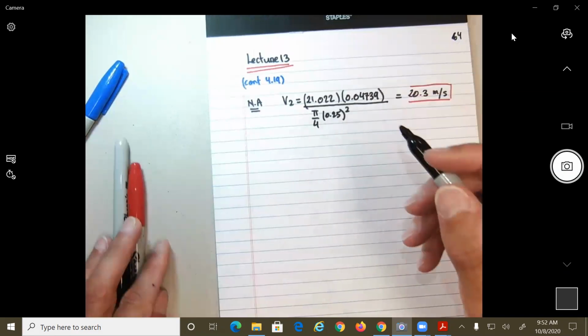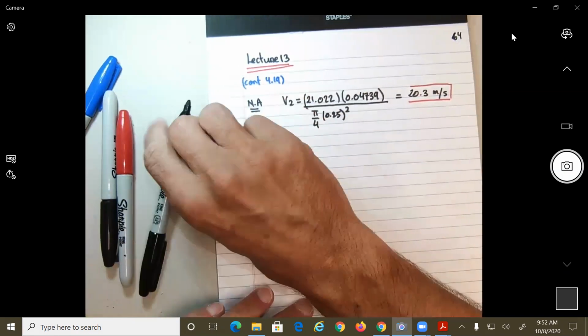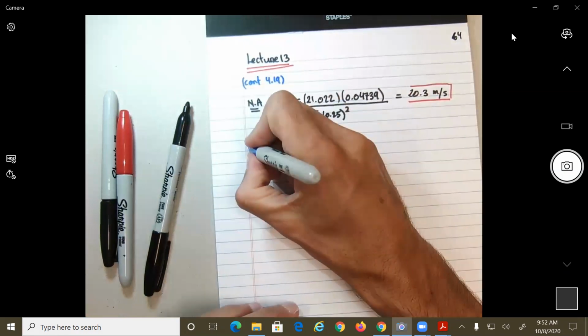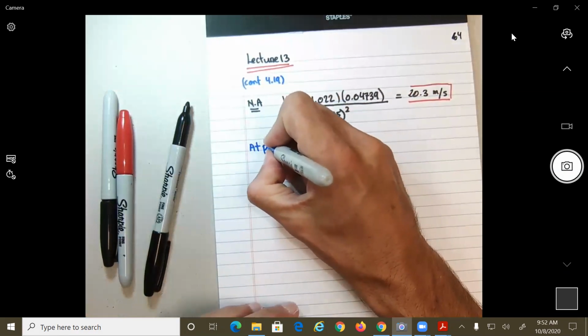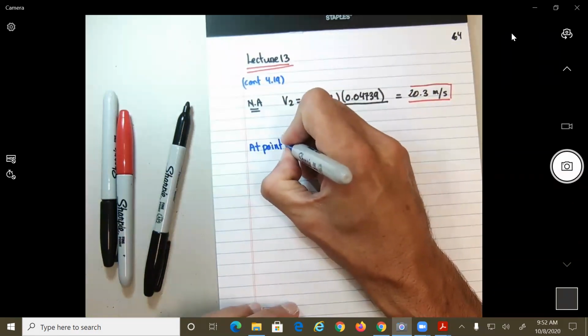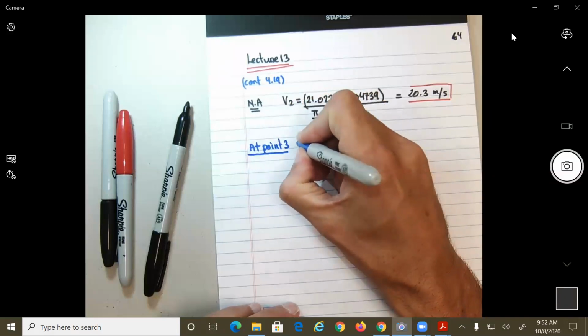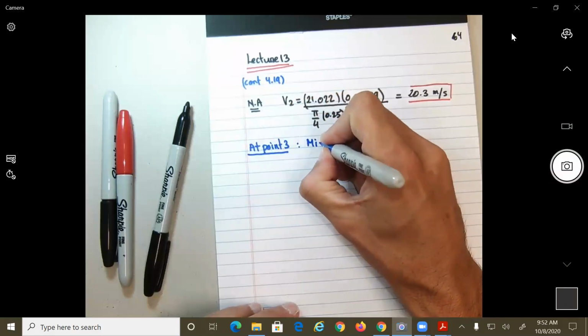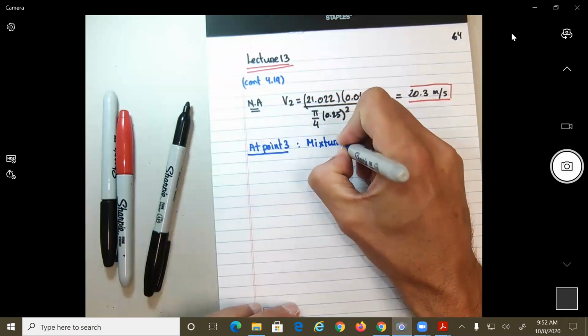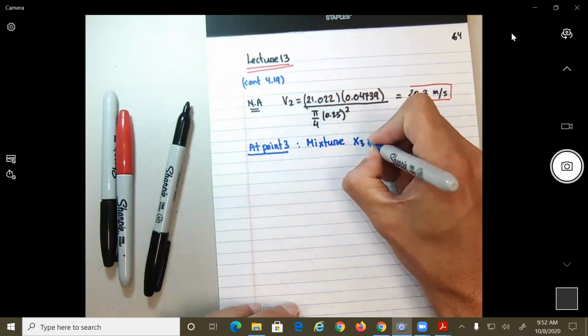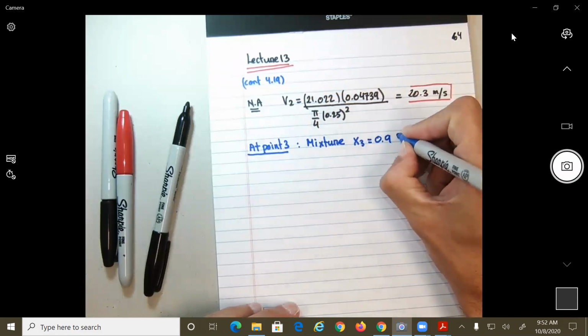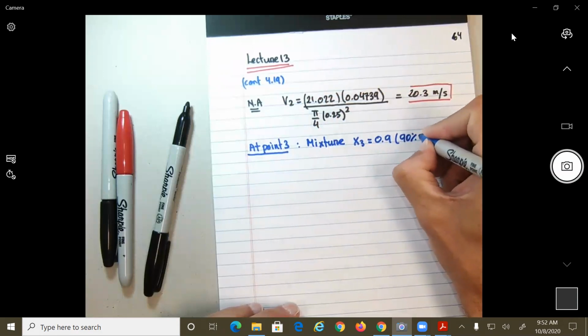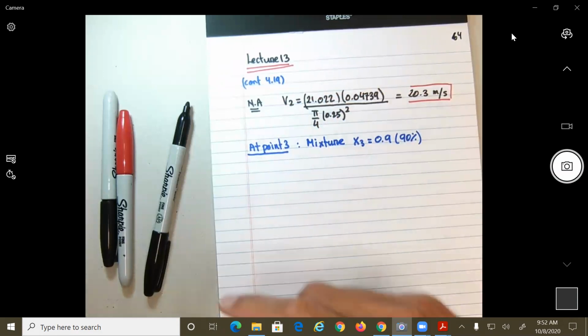At point 3, we know that it's a mixture because they give us x3 equal to 0.9, which is the same thing as saying that it is 90%.